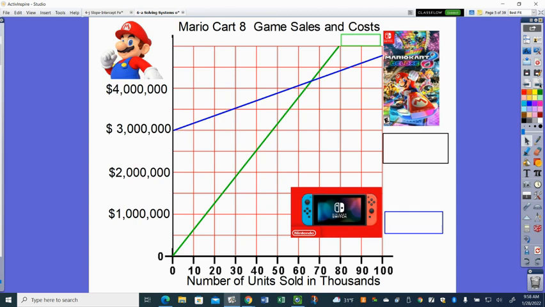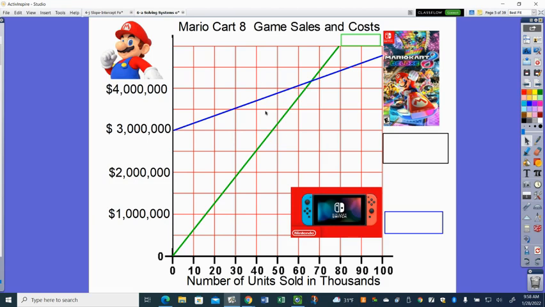So what I've got on here is a Switch, and I'm talking about the Mario Kart 8 game, sales and costs. When this Mario Kart 8 Deluxe was new, they put somebody on programming that, and somebody develops that game over maybe a year. And then once they have it all set, they start selling it.